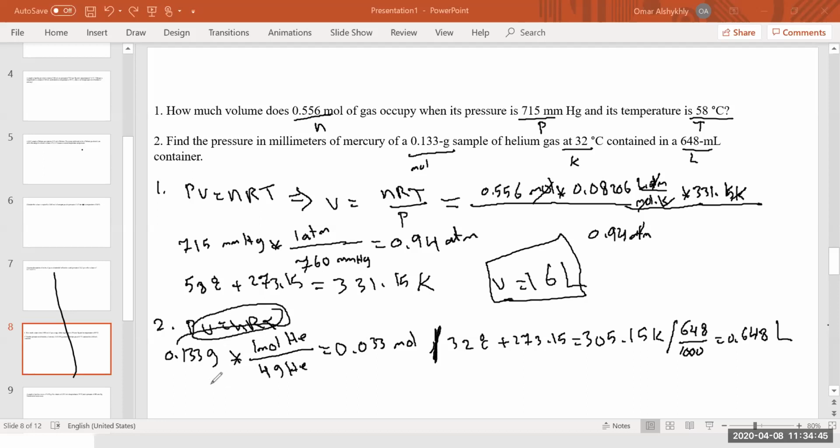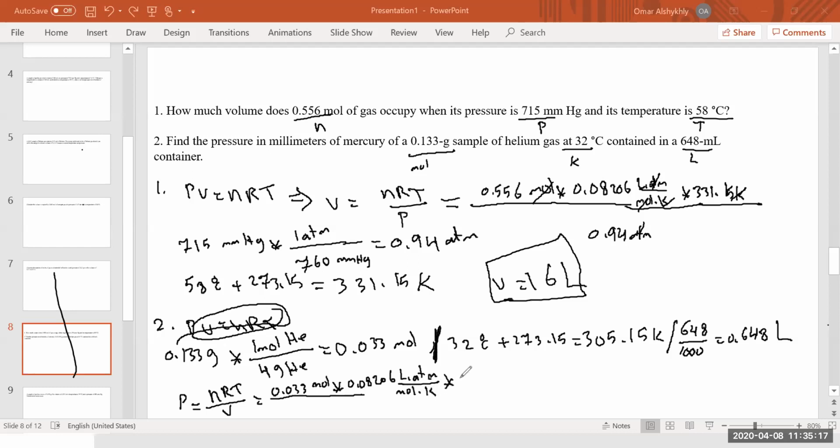Now substituting in this equation, the pressure will be nRT divided by V. Here, the number of mole is 0.033 mole, and R is 0.08206 liter atmosphere divided by mole times Kelvin.